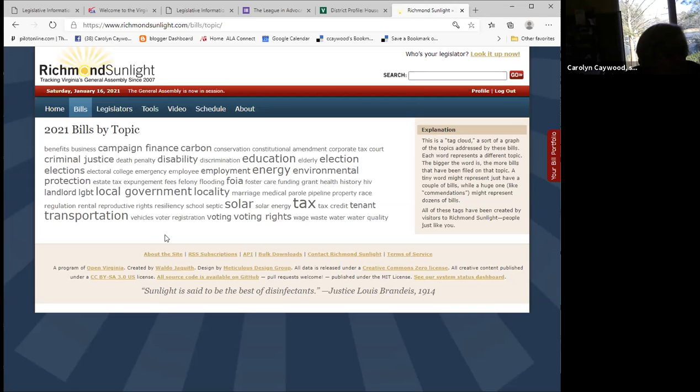And the larger the word, the more bills attached to it. Whether you choose to create an account or not, I think you can add tags.